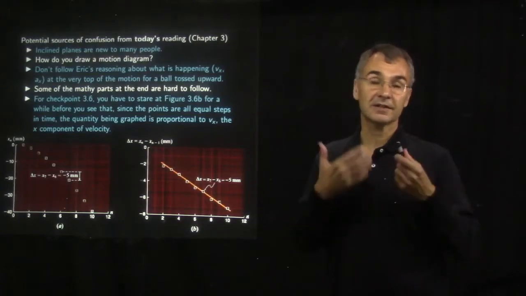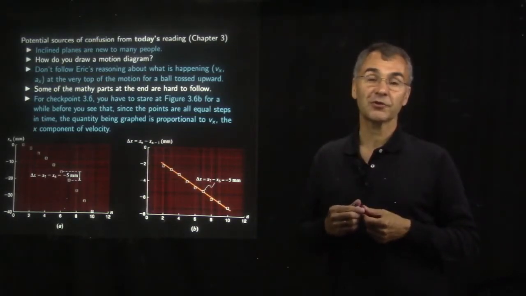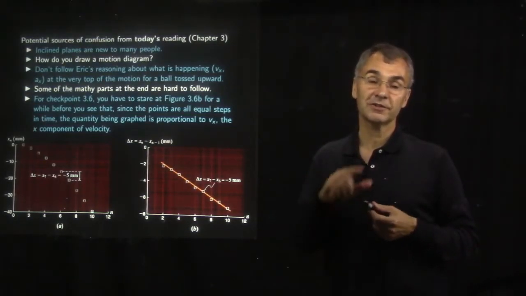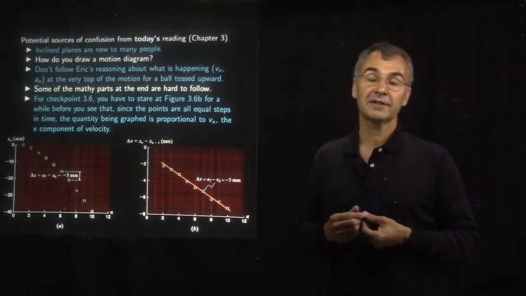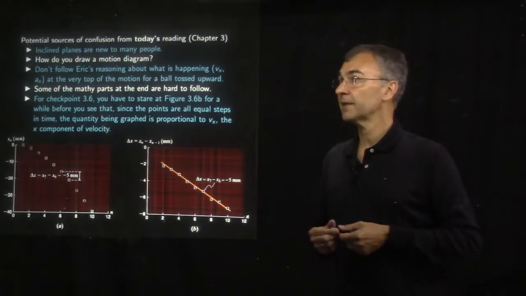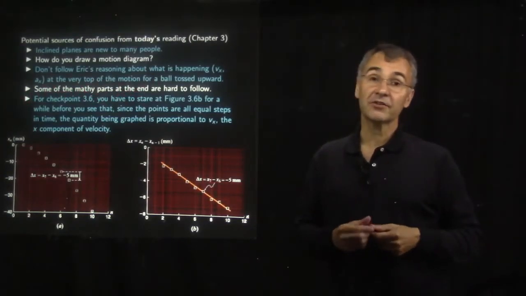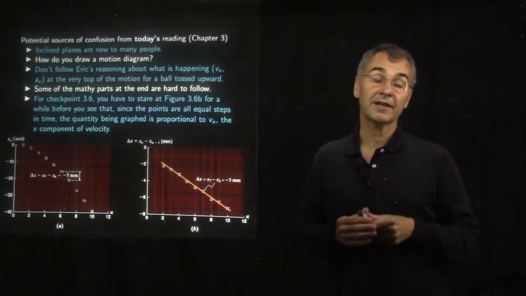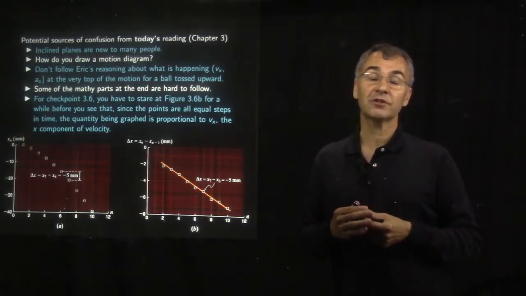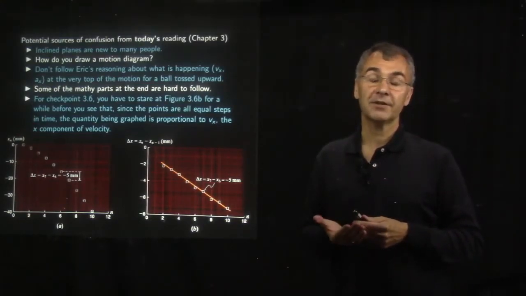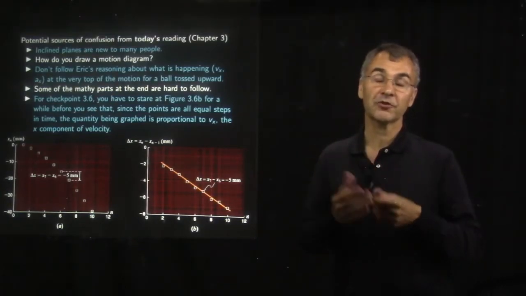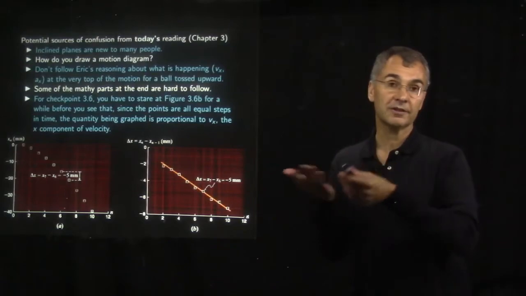I really urge you to puzzle through that and look at the graphs in the book and the graphs we drew earlier today. There are some mathy parts at the end of the chapter that are pretty hard to follow. So I tried to annotate the chapter so you know which things you can gloss over. I think you can gloss over pretty much all the equations in the chapter if you just want to focus on the equations that we wrote down in this lecture.